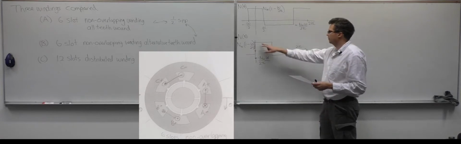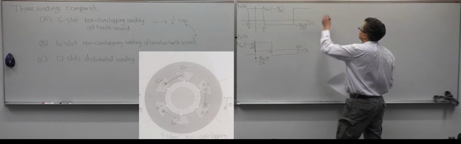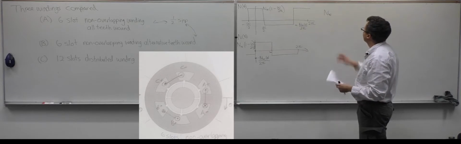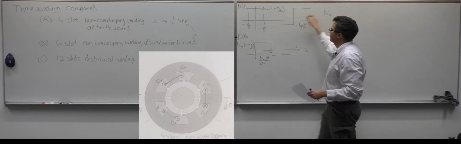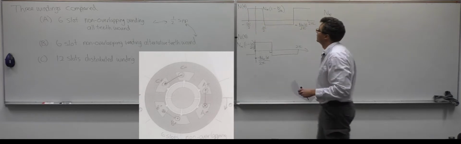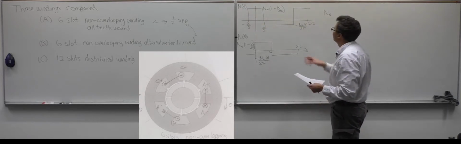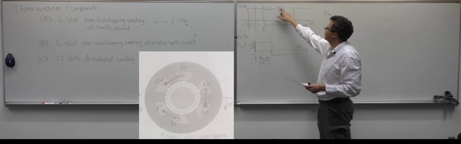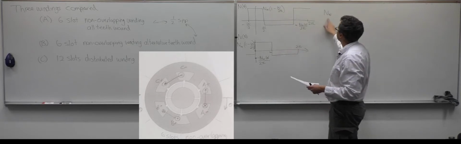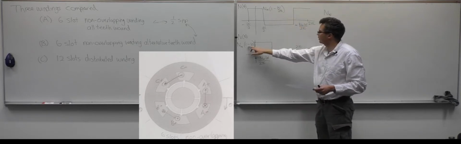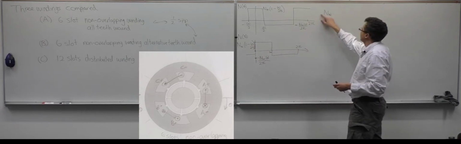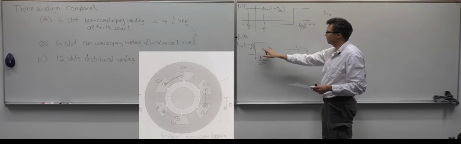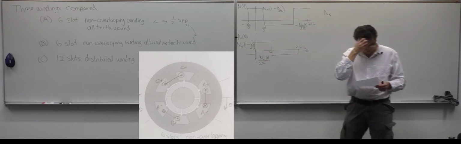For the number of turns, I've been using the notation n subscript W, and I used subscript W to differentiate from the winding function, which is n. But here we also have the slot pitch W, which comes into these equations. So this here is n subscript W times W, the slot pitch.